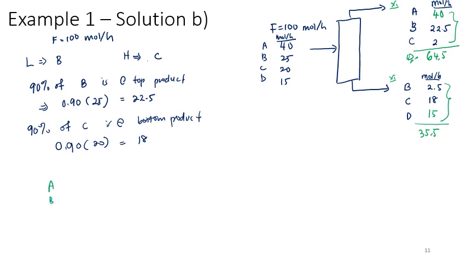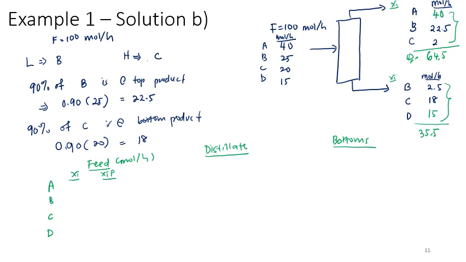You have components A, B, C, and D. In the feed, you have xi, and you have also xif, i.e. the molar flow rate of each component. Okay, and then at the distillate, and then at the bottom.